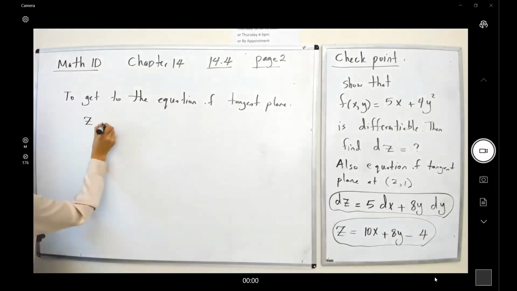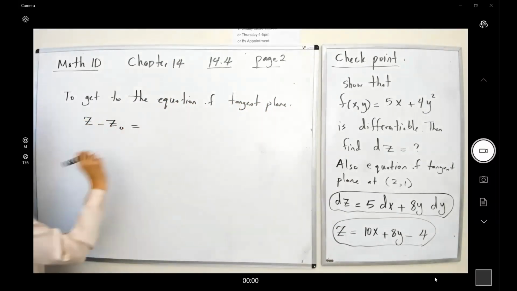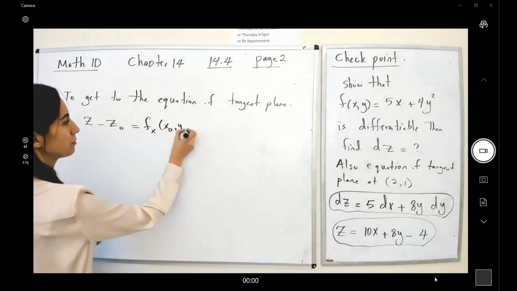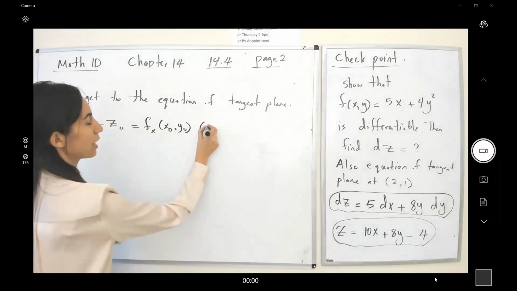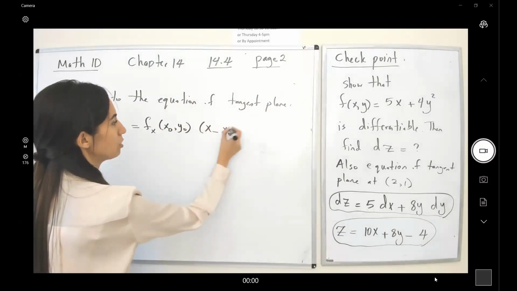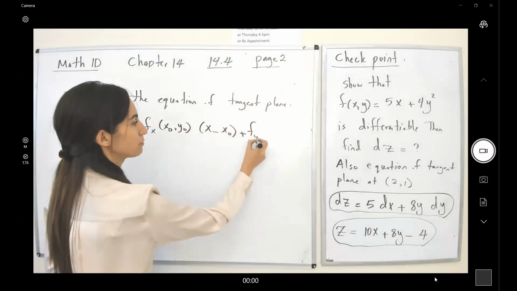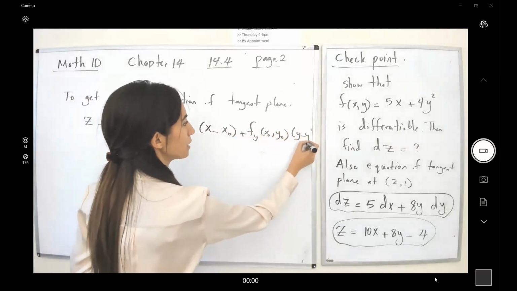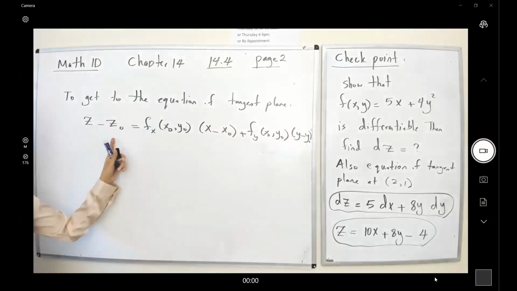It is z minus z sub 0 equals f sub x at the given coordinate times x minus x sub 0 plus f sub y at x sub 0, y sub 0, times y minus y sub 0. So what is z sub 0?